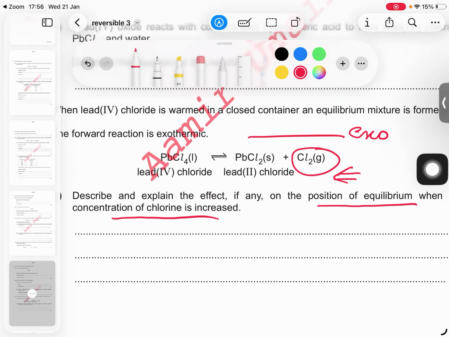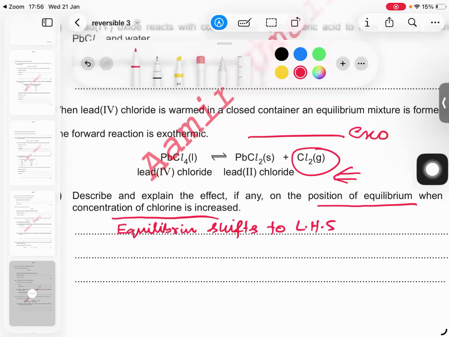Why? We have to explain why. In order to consume the amount of chlorine that has been added. So equilibrium shifts to the left hand side. Why does it shift to the left hand side?